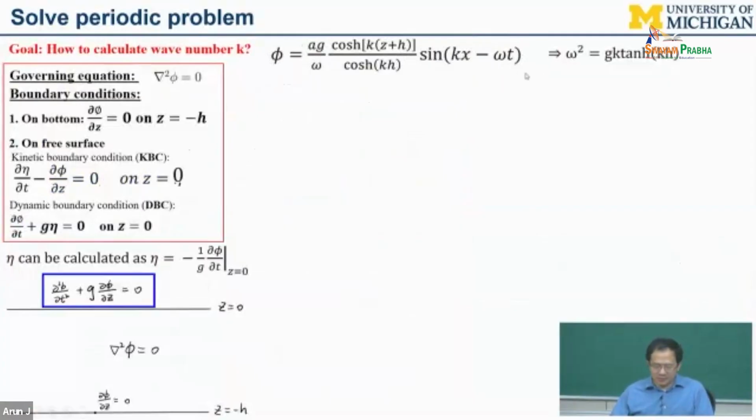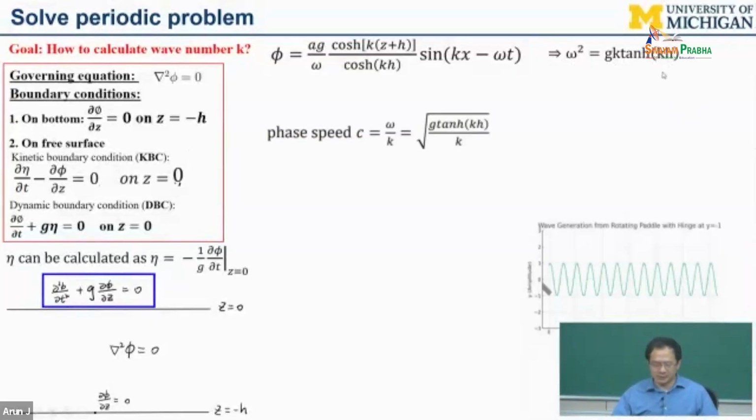So using the boundary condition, you can further find the relationship between the wave number k and the frequency omega, right? The k is how many cycles per unit length. Omega means how many cycles per time. So these two are related, and it involves h, the water depth.